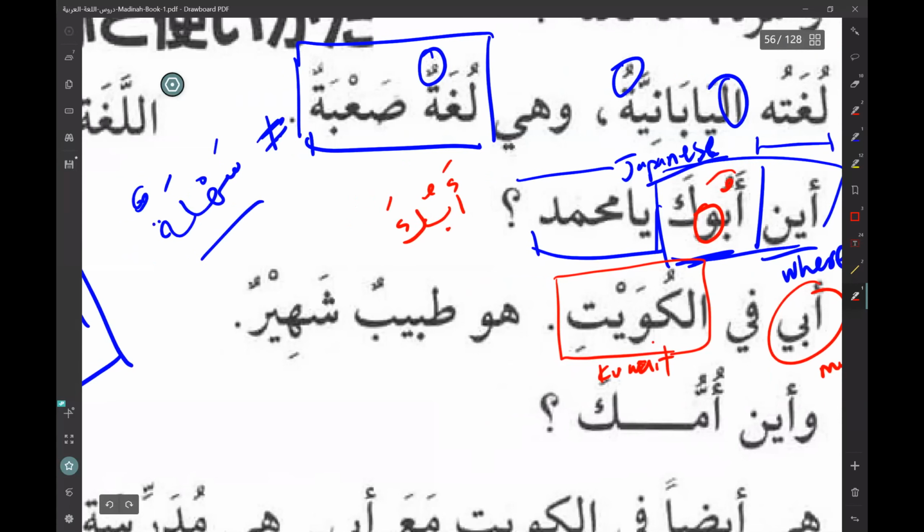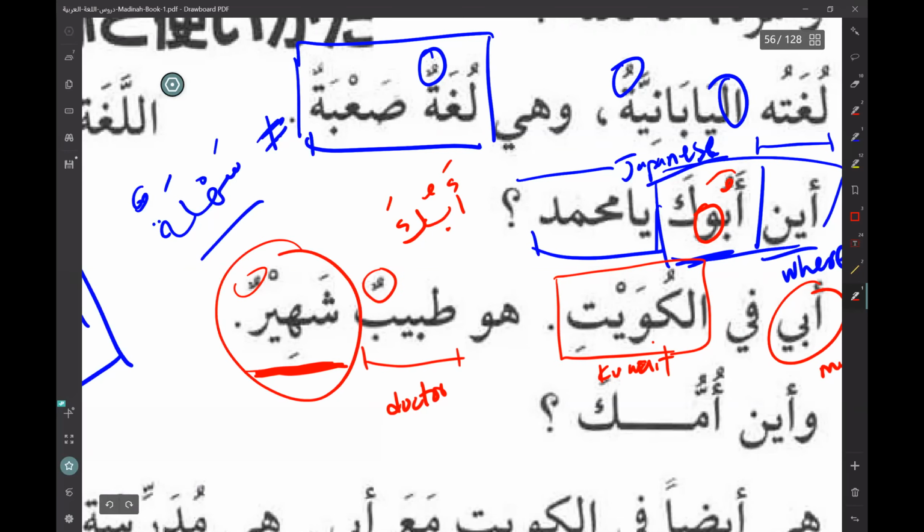Huwa tabibun. Tabib. We haven't seen this word in a while. What is tabib? Doctor. Tabib is doctor. Just by looking at it, it looks like you have an adjective here. Why do I think that? Because I see a lot of similarities, everything's matching.